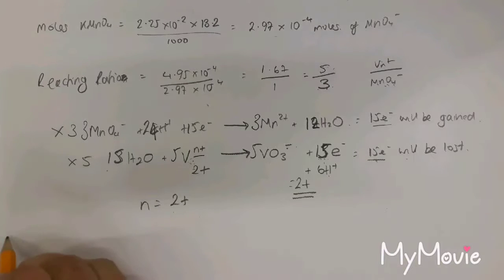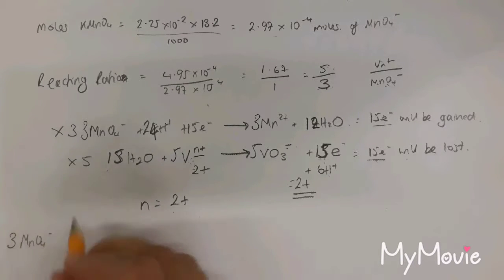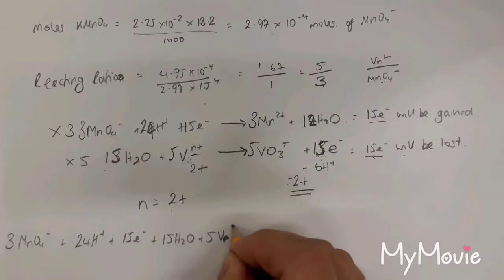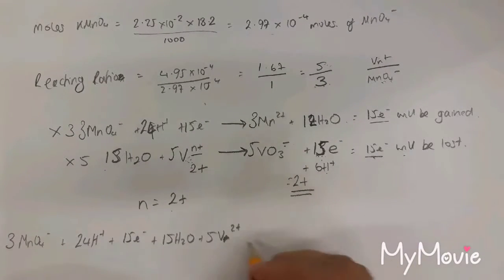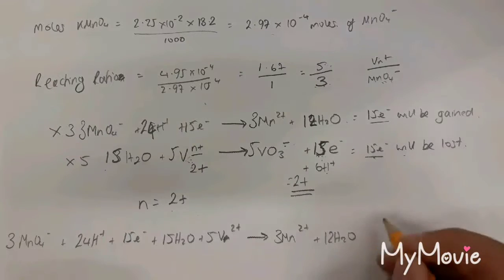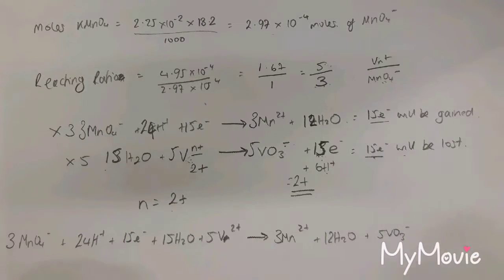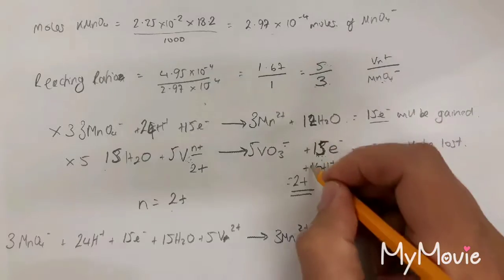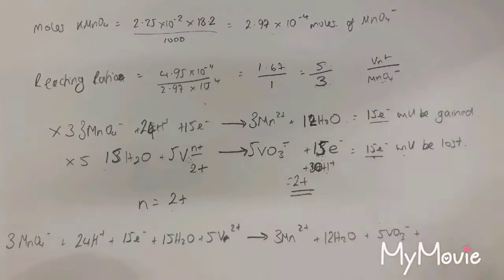So in full, we have got 3 MnO4 minus plus 24 H plus 15 electrons plus 15 H2O plus 5 V n plus, so V2 plus now, we know it's 2 plus, let's ignore the n plus, will produce 3 Mn2 plus 12 H2O plus 5 VO3 minus plus, oh I missed the H pluses there, sorry, 6 times 5 is 30, so 30 H plus. Okay, so there's the full equation.